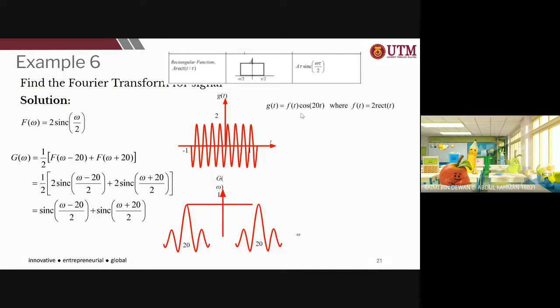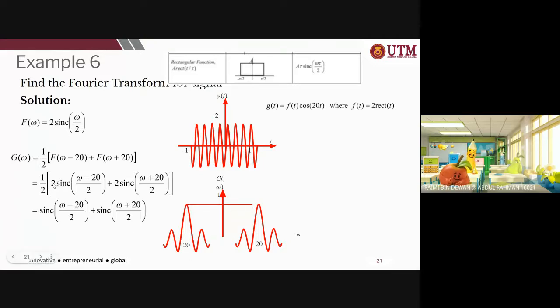Because this is a cos signal, it is 1 over 2. Otherwise, it is 1 over 2j if it's a sine. Then you do it as you normally do, and we obtain half of the value.